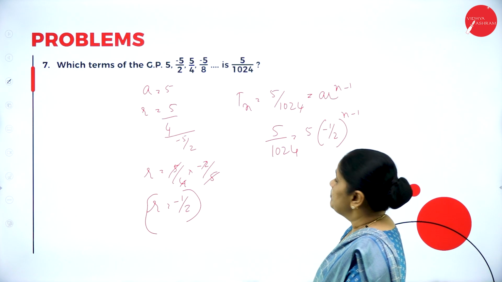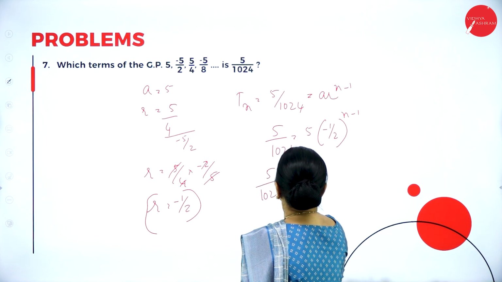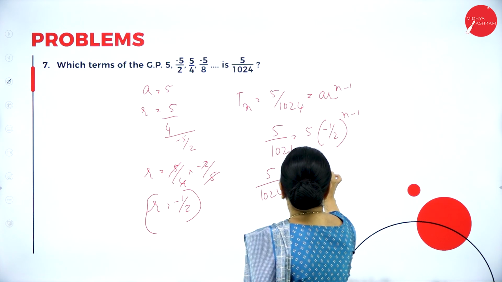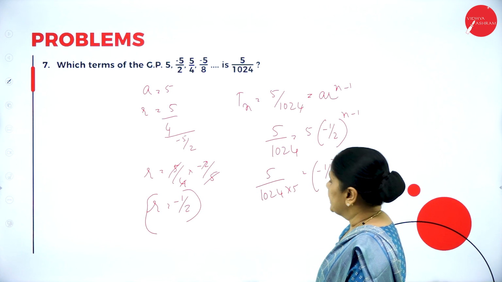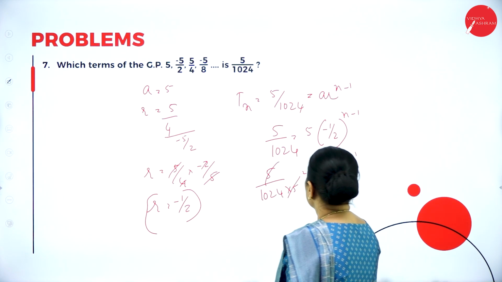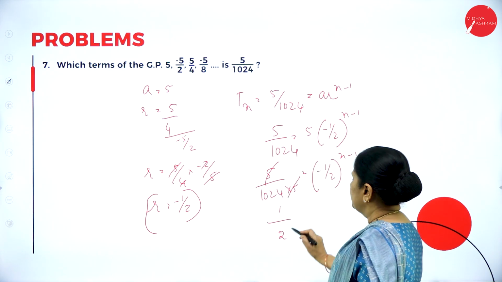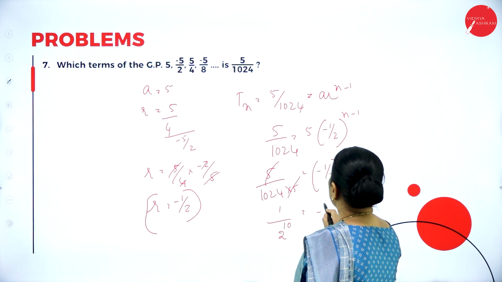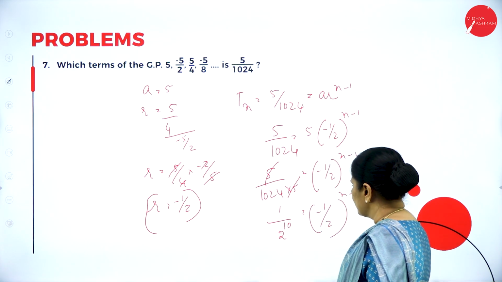So when I simplify this, 5 by 1024 into 5 equals minus half to the power of n minus 1. 5 and 5 gets cancelled. So it will be equal to 1 by 2 to the power of 10 equals minus half to the power of n minus 1.